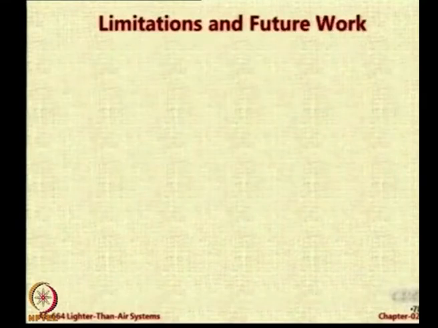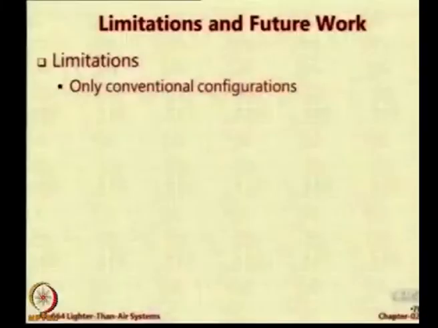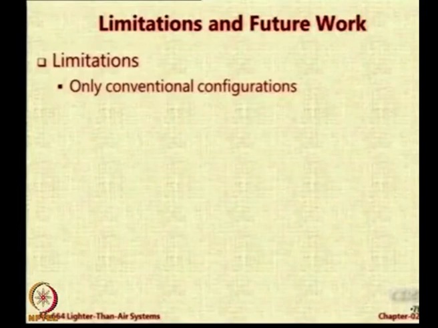What are the limitations? So, this is the area where some of you can come forward and improve it. There are many limitations. First of all, it only looks at conventional axisymmetric body of revolution. It might be a good idea to have a shape generation scheme so that more complicated shapes could be investigated and you can do the analysis.